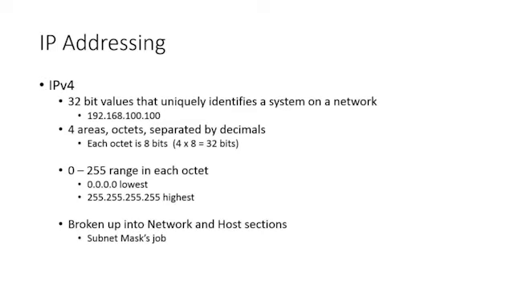So in this IP addressing, and we're talking about IP version 4 right now, IP version 4 is 32-bit values. Now these IP addresses, they are supposed to uniquely identify devices on a network.